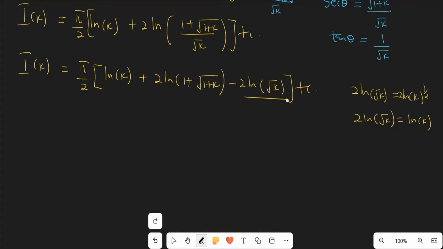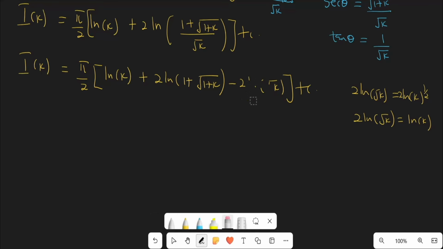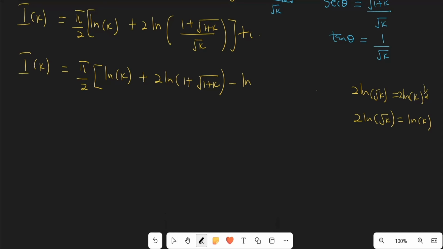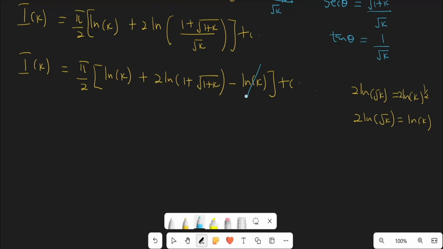So this one is the same as the ln of k. So I'm just going to replace that with the ln of k, like this, ln of k minus the ln of k plus the constant of integration. And we see that this one is going to cancel this one beautifully.